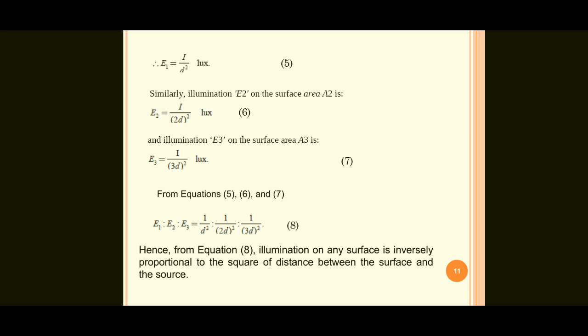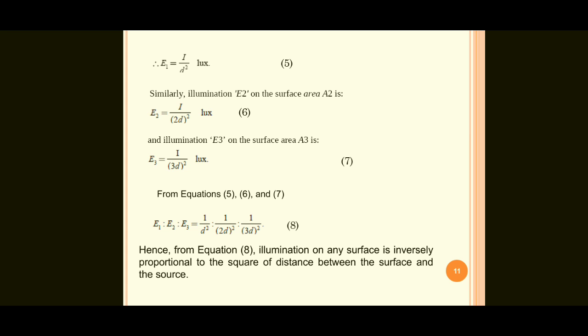The nature of light is covered in PPT part 16. And part 18 covers the different simple, short problems on basics of illumination. And in next class, I will explain, the next PPT presents the laws of illumination.